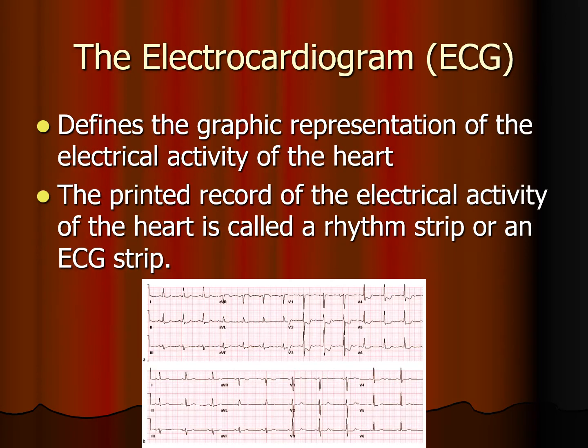Okay. So an electrocardiogram, an ECG, is a graphic representation of the electrical activity of the heart, and it's printed. So it's what a machine interprets the rhythm of the heart to be. I like to think of each individual lead like a map.